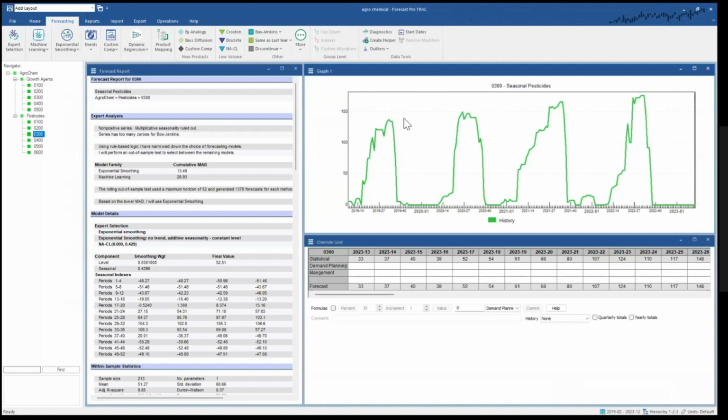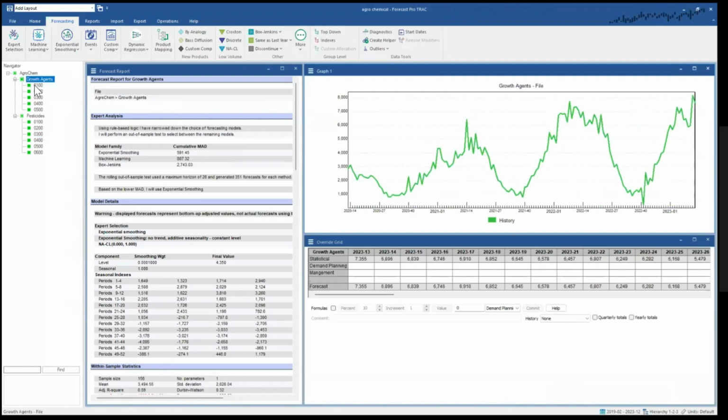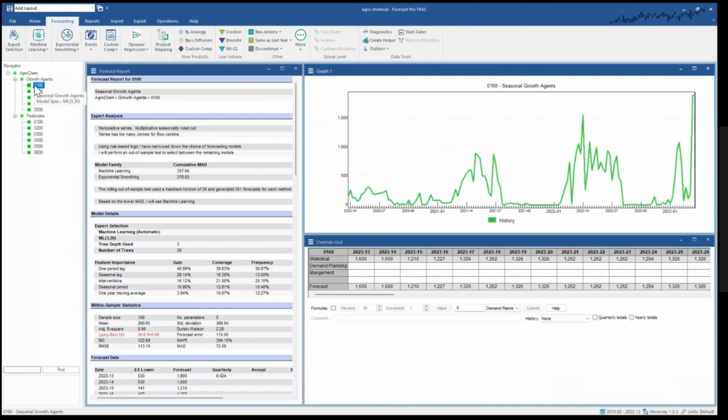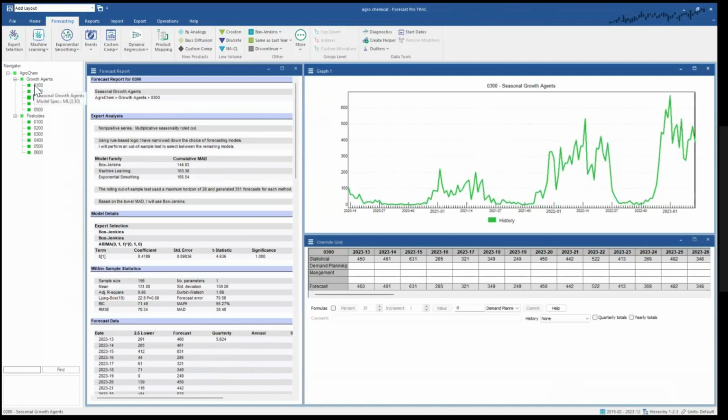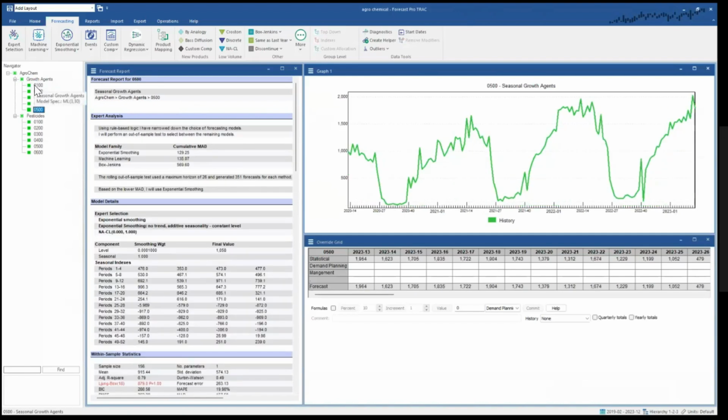This is weekly data, and they're forecasting sales of agrochemical products. So things like growth agents, stuff that you would put on crops to promote their growth. And you can see they're very seasonal, and that there are certain times of the year where sales are very low, where there's just not a lot of growth agents being done.